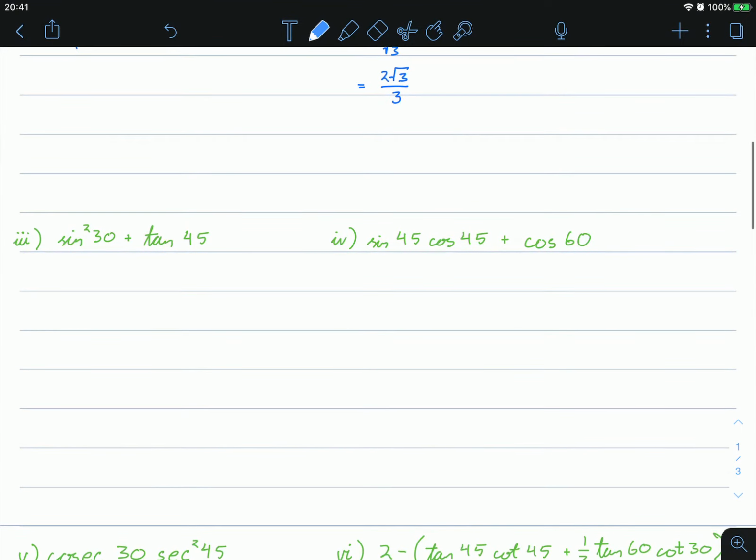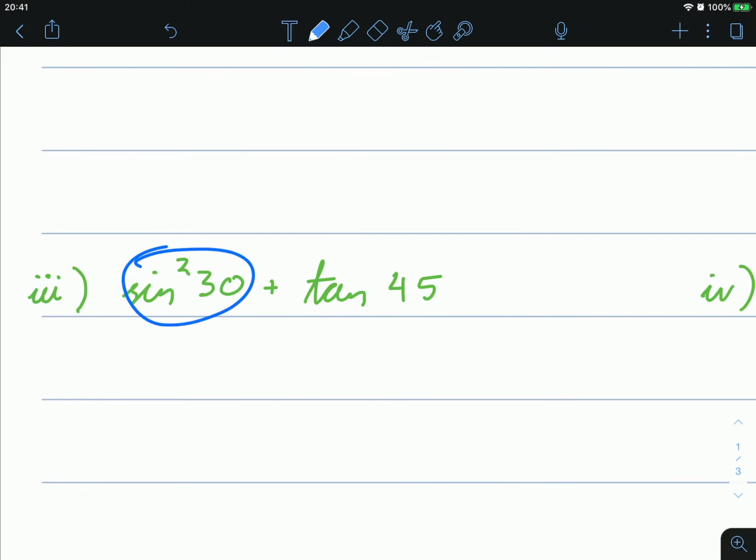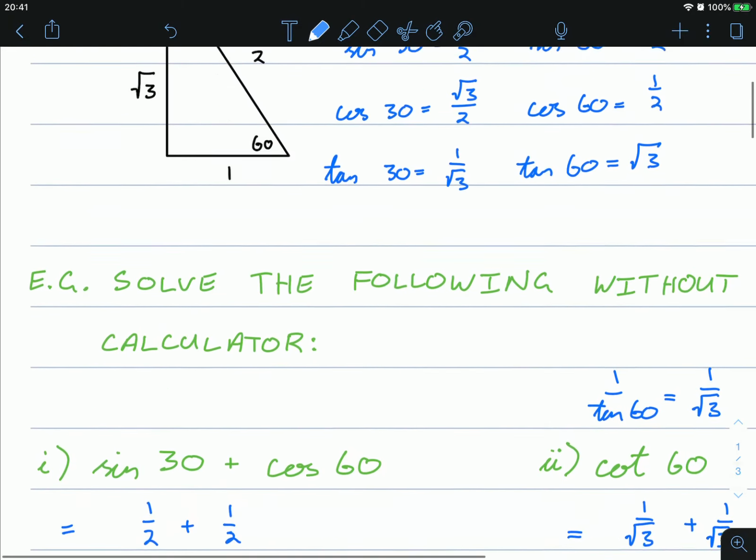Sine squared of 30. Now, in case you ever get confused about this one, this is treated as sine of 30 first, and then we square it. So let's figure out what sine of 30 is first.